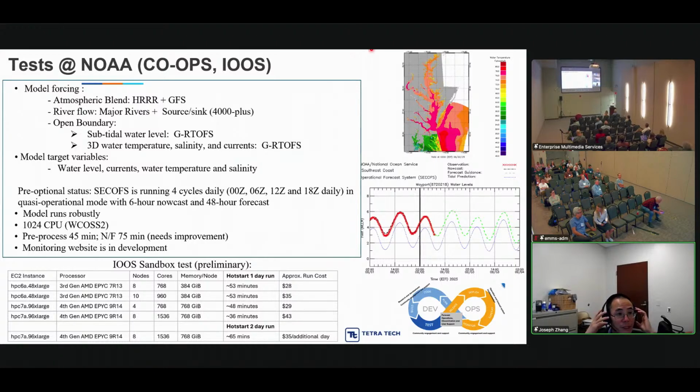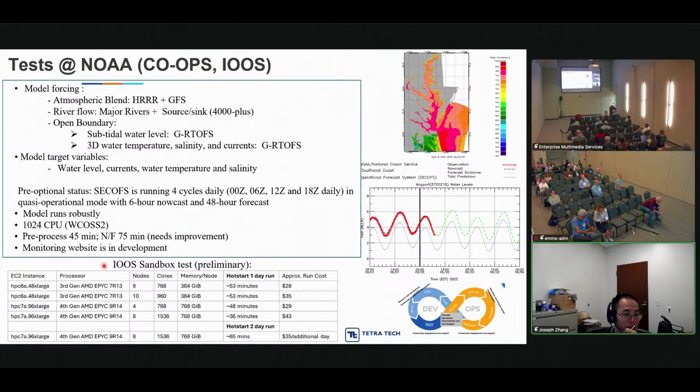So the CCOFS is now being pre-operationally tested in NOAA CO-OPS. Here are some of the performance data. Boundary conditions and initial conditions come from HRRR and GFS, and from the GRTOFS. That's the forcing, and CO-OPS is starting to look at the skill assessment for water levels, temperature, salinity, and velocity as well.